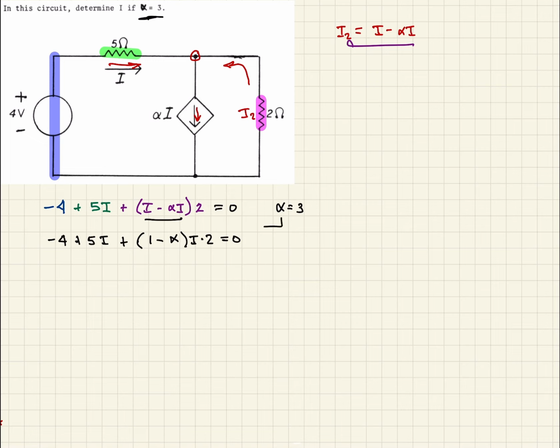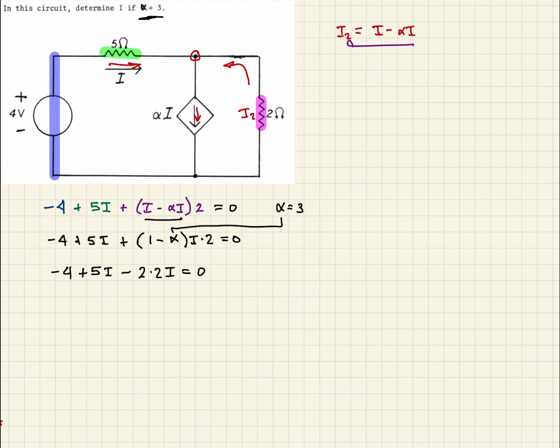Again, substituting in for our alpha, we'll have minus 4 plus 5I. This will be minus 2, so it's 1 minus 3 is minus 2, times 2I is equal to 0.